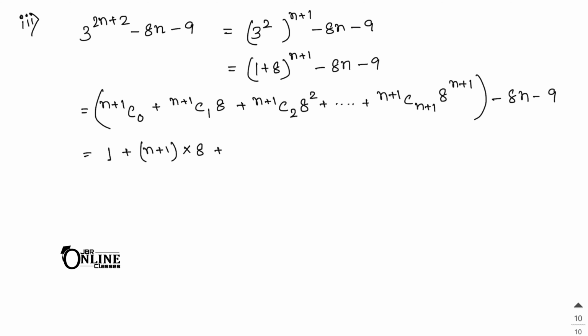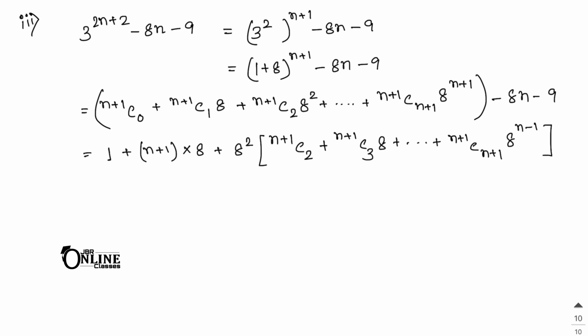Next, if you take 8 square common, it will be (n plus 1)C2, next one (n plus 1)C3 into 8, and dot dot dot. The last one will be (n plus 1)C(n plus 1) and it will be 8 to the power n minus 1. If you take 8 square common from 8 to the power n plus 1, it will be 8 to the power n minus 1, then minus 8n minus 9.